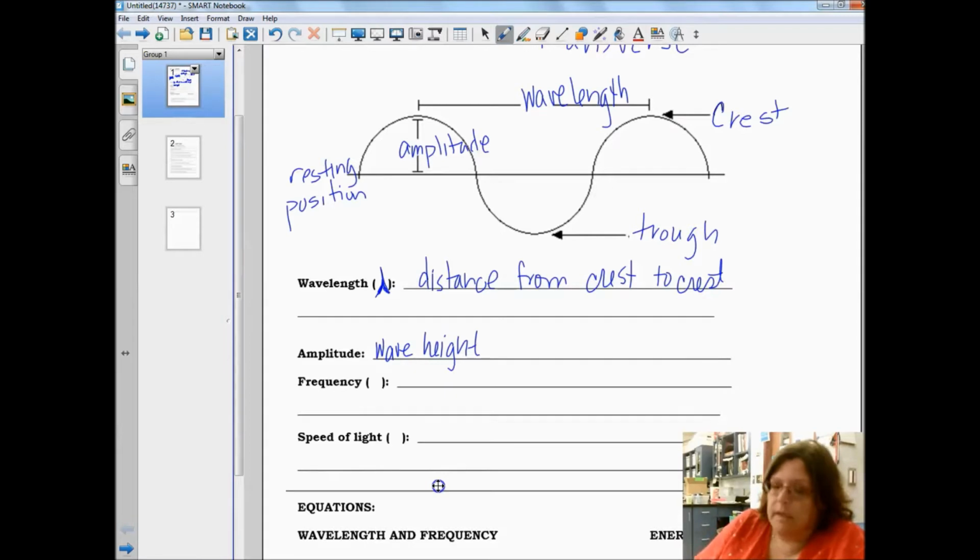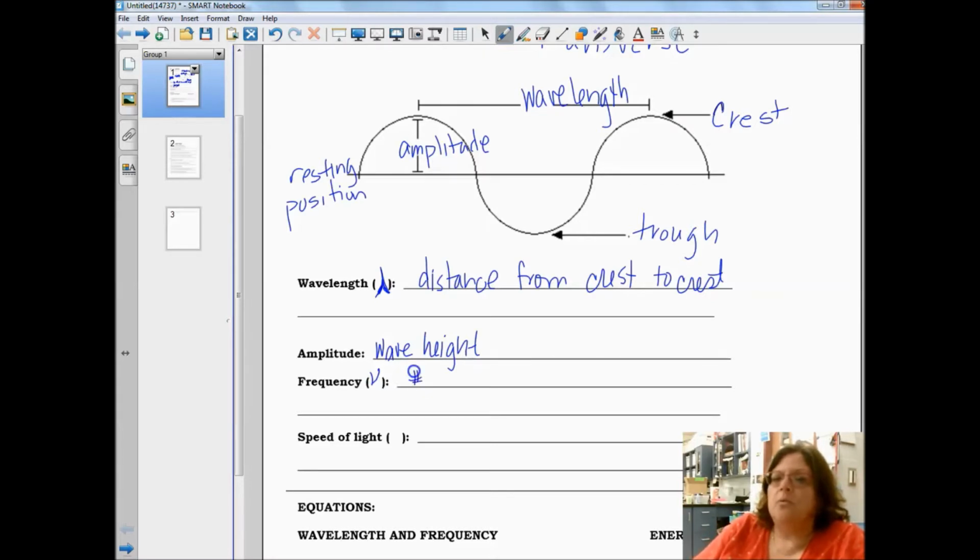Frequency is how often a wave comes by, and we use the Greek letter nu, N-U, which is a small n, but the actual letter itself looks like a V. It's still a horrible V. A V that's blowing in the wind. That's pretty good.